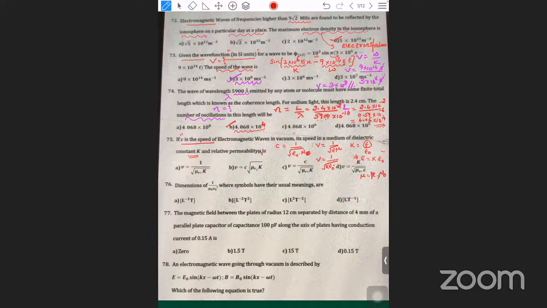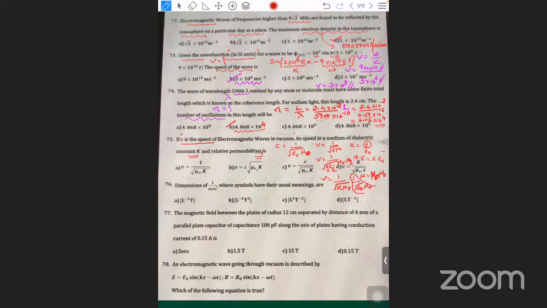Similarly, you can tell this as relative permeability mu r. Instead of k, you can use mu r because they have given the relative permeability as mu r. So in the place of mu, you can take mu r into mu naught. So V is equal to 1 divided by root of. I will keep k and mu r as it is. Now the remaining parameters are epsilon naught and mu naught. That can be taken as 1 divided by root epsilon naught into mu naught.